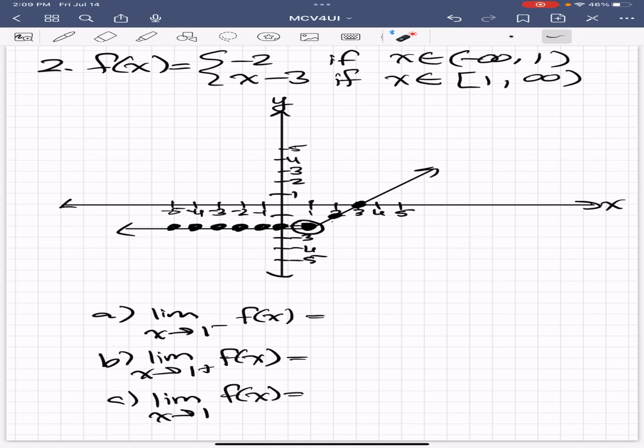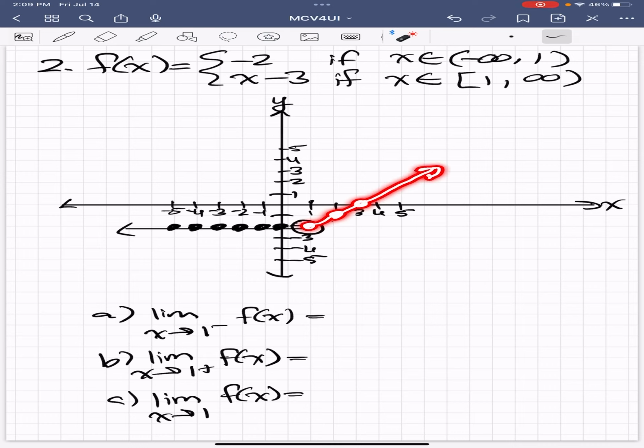So it's reaching, but it's not equal to. And then we have x minus 3 if x is an element of square bracket 1 to infinity. So we have the dot. And then so on and so forth for that portion of the graph.